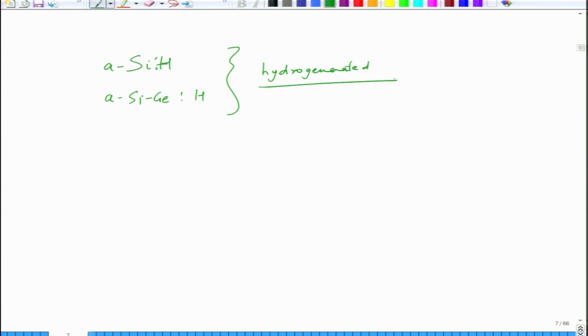Okay. So it has been exposed to hydrogen, and we will look at the reasons why this is done. This is basically done to reduce the dangling bond density in the solar cells. And these are thin film solar cells.